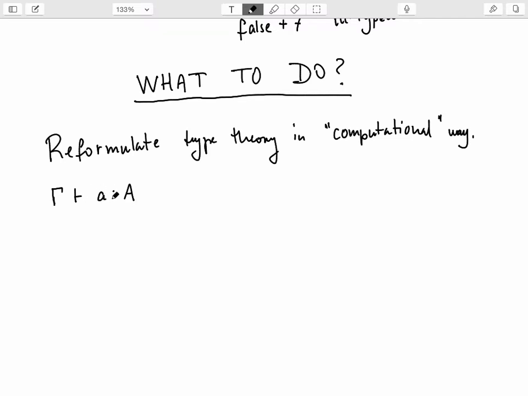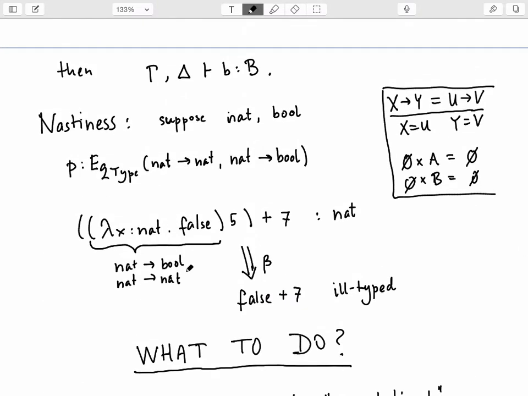So instead of saying A has type A, one way to do this is you split it up, and you say, well, when you have a term, sometimes you can tell what its type is. So if I give you a term, like for example this one up here, you can tell that it's nat to bool. You don't have to be told that it's nat to bool. Yes? But sometimes you can't tell what it is, but you could check.